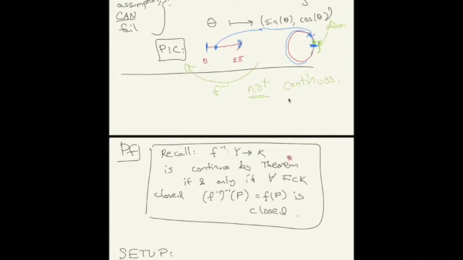Namely, by the theorem, this function is continuous if and only if we take any closed set in the image. In this case, these are closed sets in K, that the pre-image under this function, that is the pre-image of the pre-image of f, which is the same as the image of f.